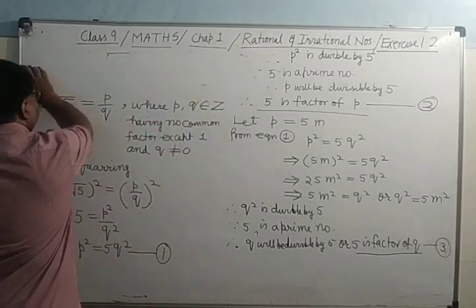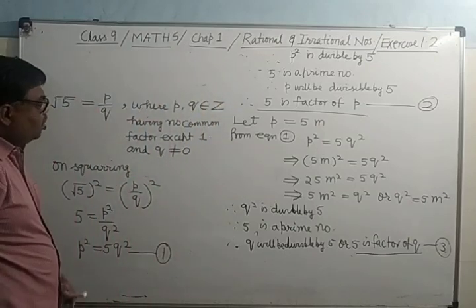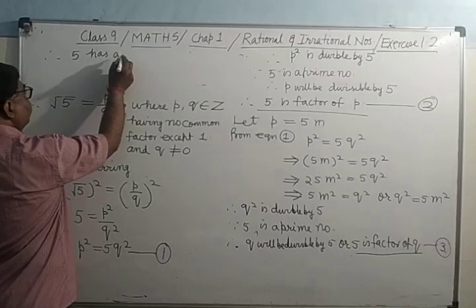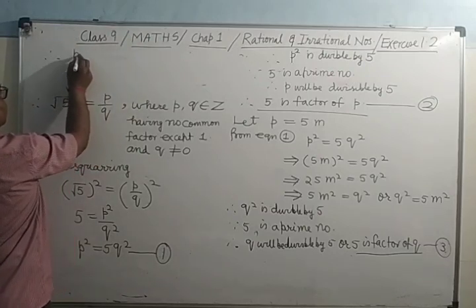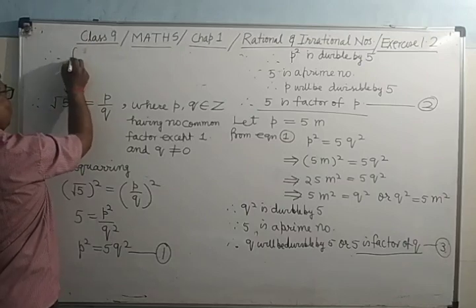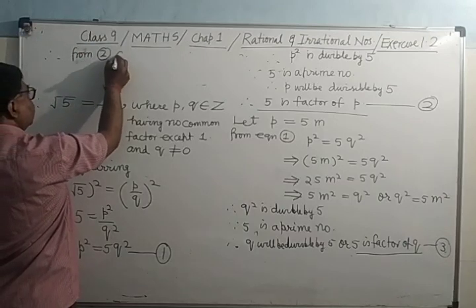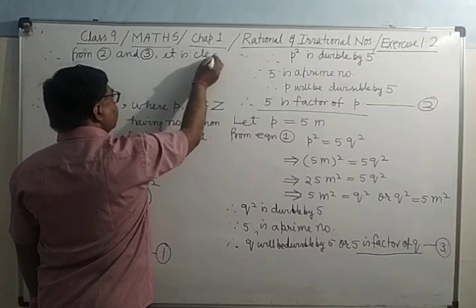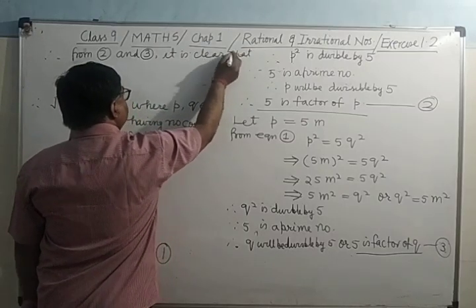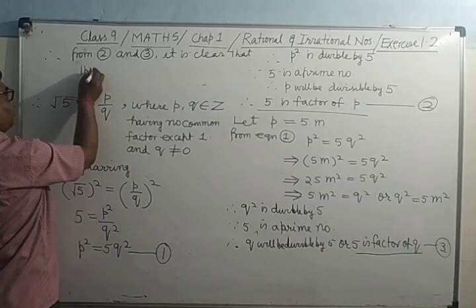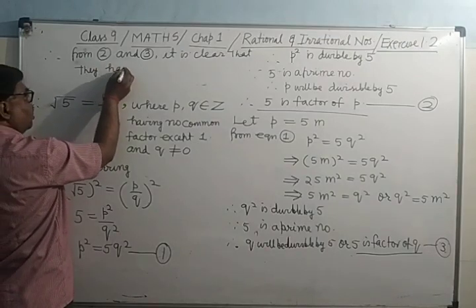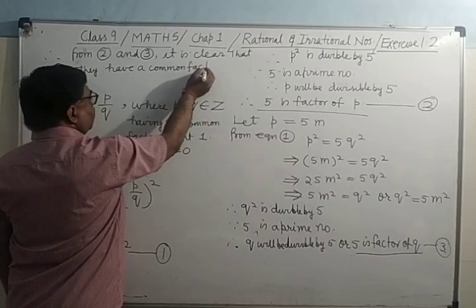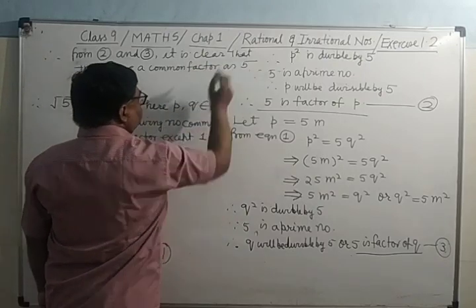Therefore, from 2 and 3, it is clear that p and q have a common factor 5.